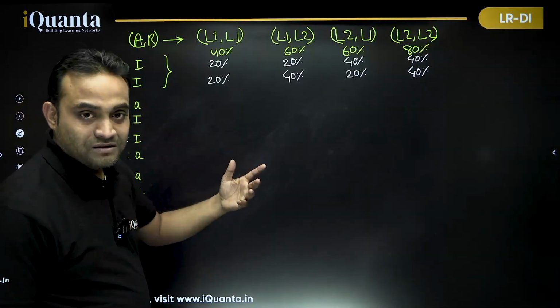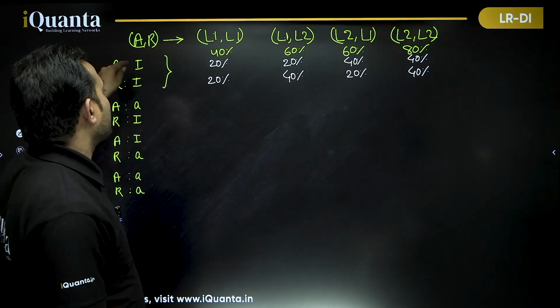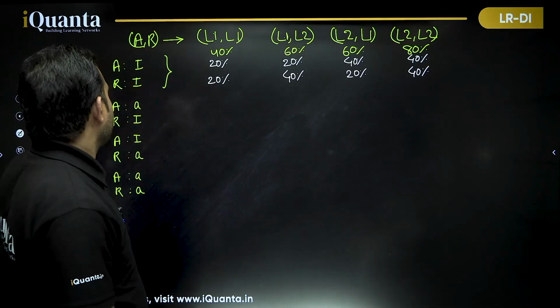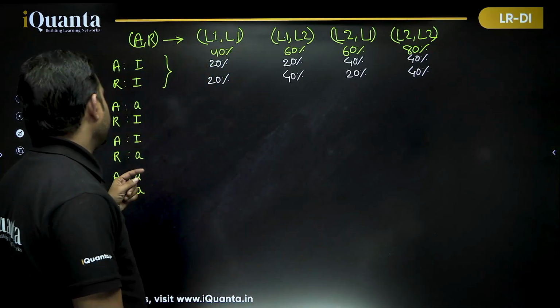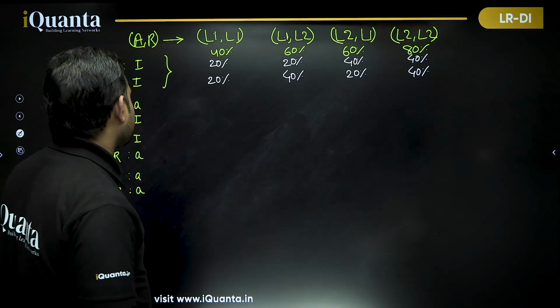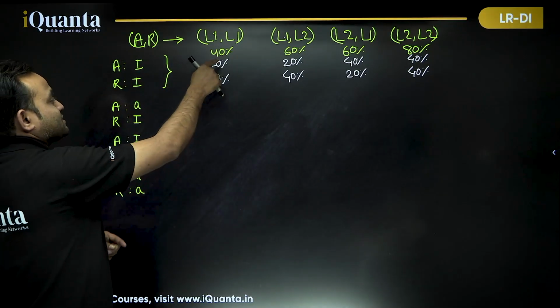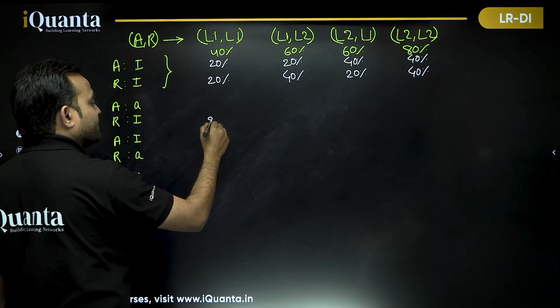What does that mean? In this case, the percentage of students who will vote for Amia is 20%. The percentage of students who will vote for Ramya is 20%. But if Amia is running a campaign attacking Ramya, then 10% of these students will go to Ramya. So this will become 22%.